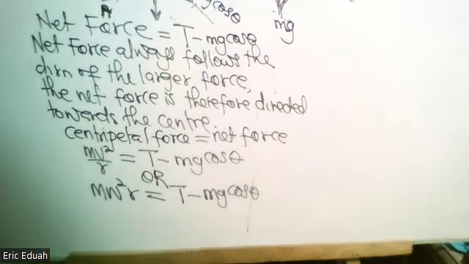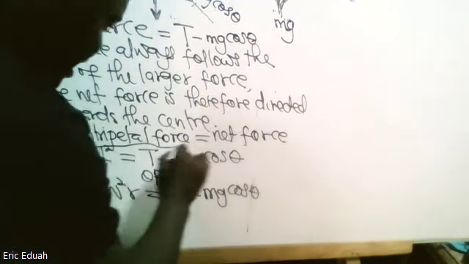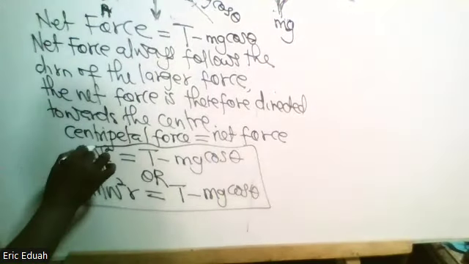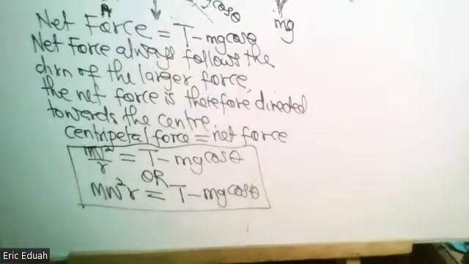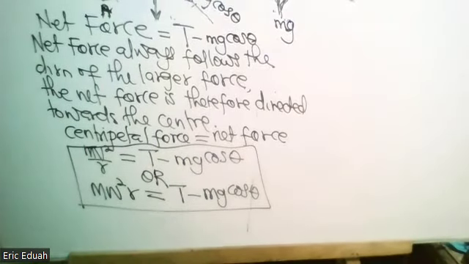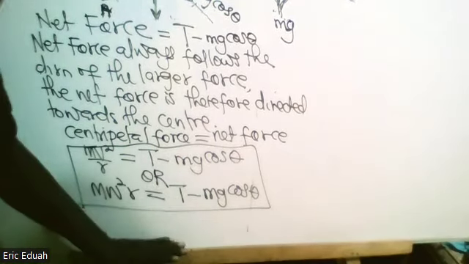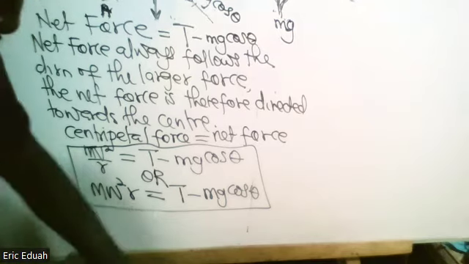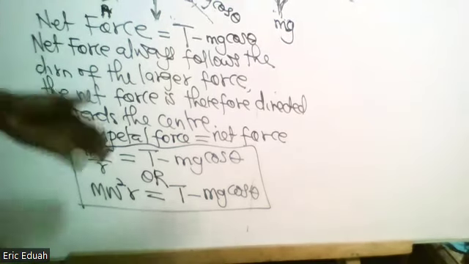So this is the general relation we'll be using to analyze as the object moves vertically or revolves vertically. So if you are clear with this part, then we are good to go.